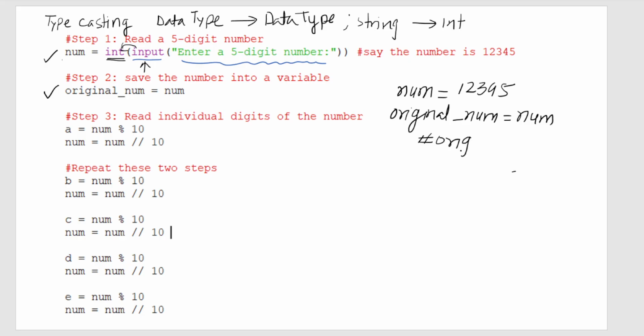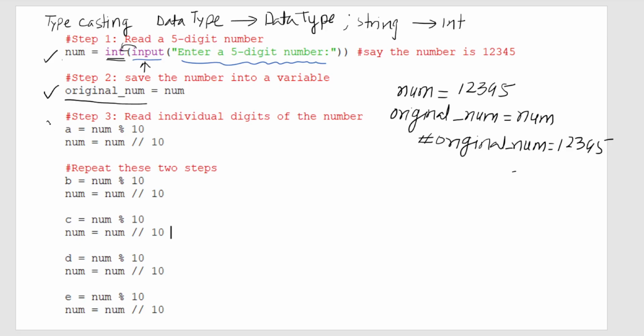So original num is now assigned the value 1 2 3 4 and 5. We will see what happens if we don't do this in a reversal, and what problem we will face. But as of now, assign it.